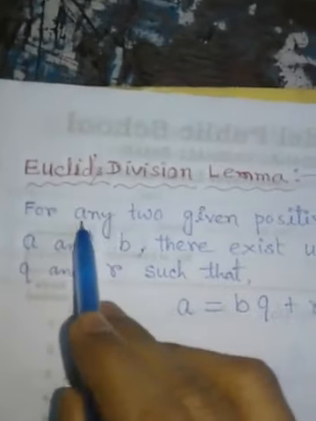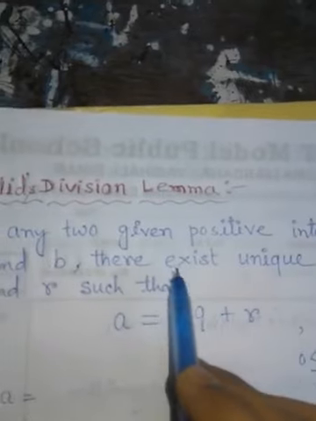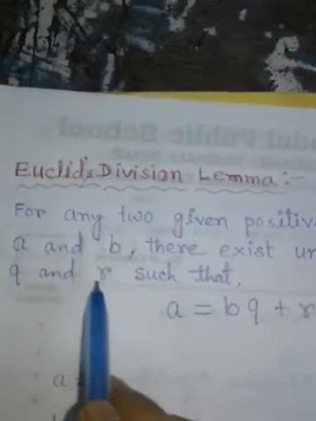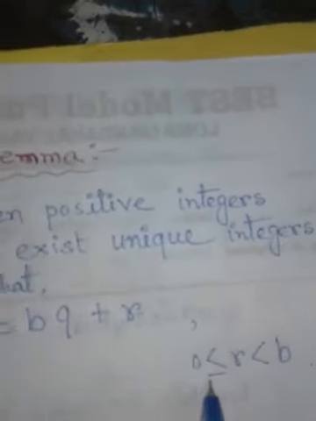So again, for any 2 given positive integers a and b, there exist unique integers q and r such that a equals bq plus r, where 0 is less than or equal to r, and r is less than b.